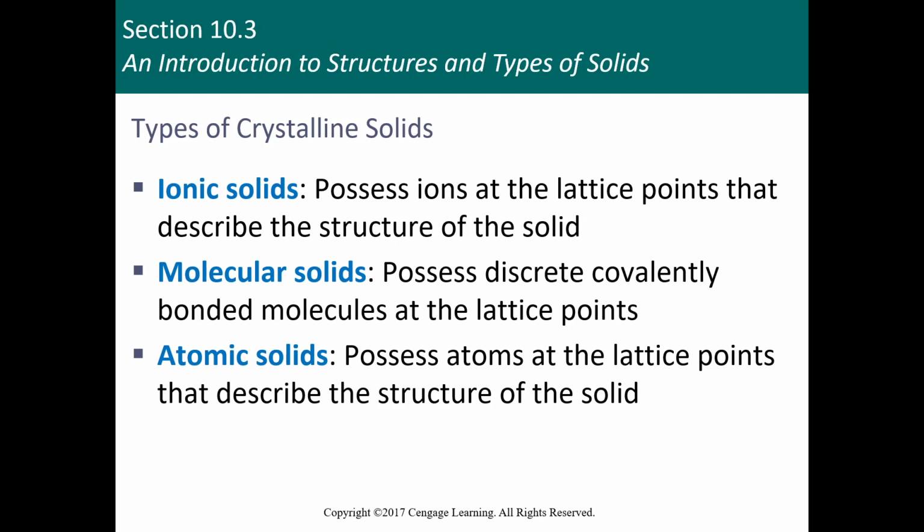Atomic solids, these are going to possess atoms at the lattice points that will describe the structure of your solid. So instead of molecules, we just have atoms at those lattice points. And of course, that is actually things like diamonds.